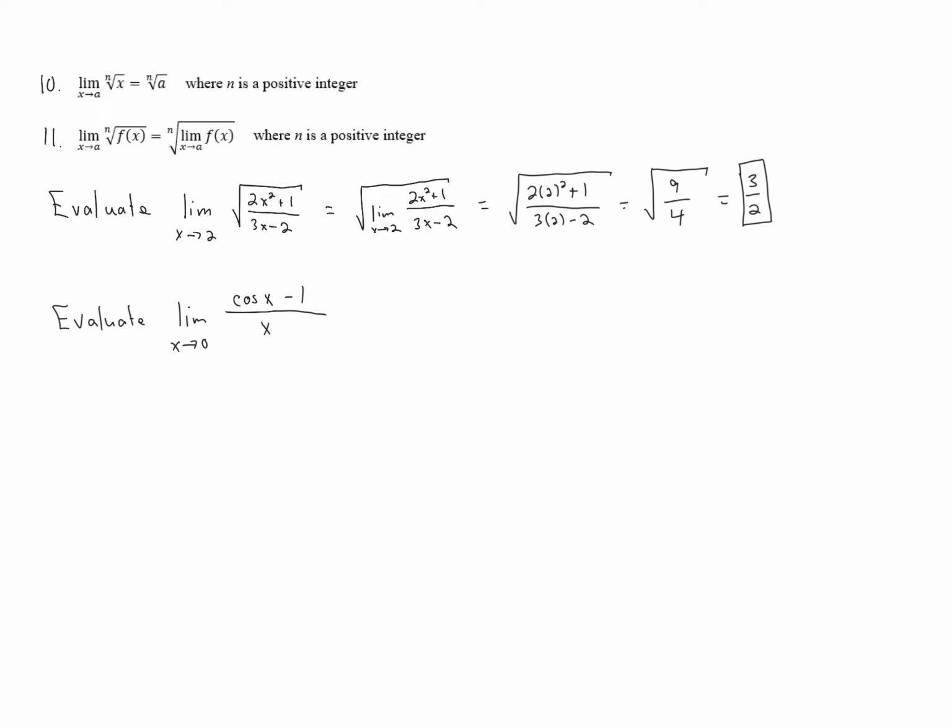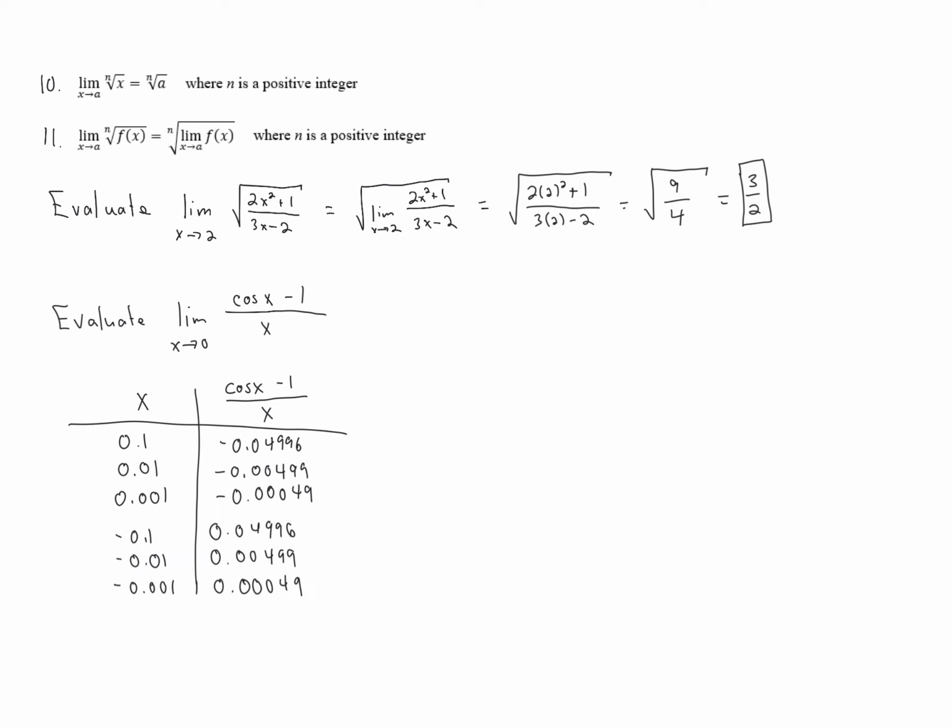We just need to use other tools, and one of those tools is a table of values. And to not waste time, I'm just going to give you the table of values. All of these are from plugging into a calculator.